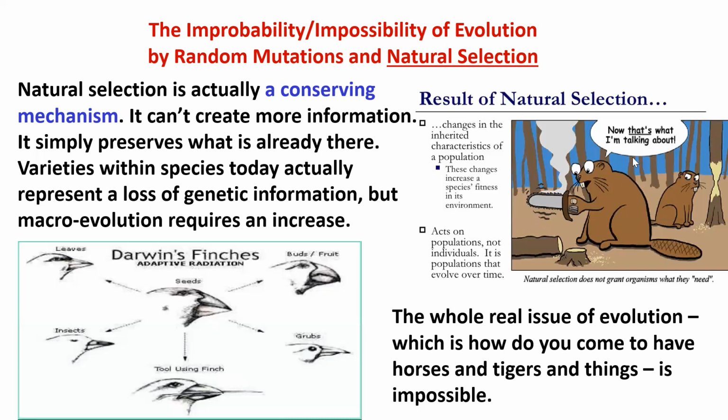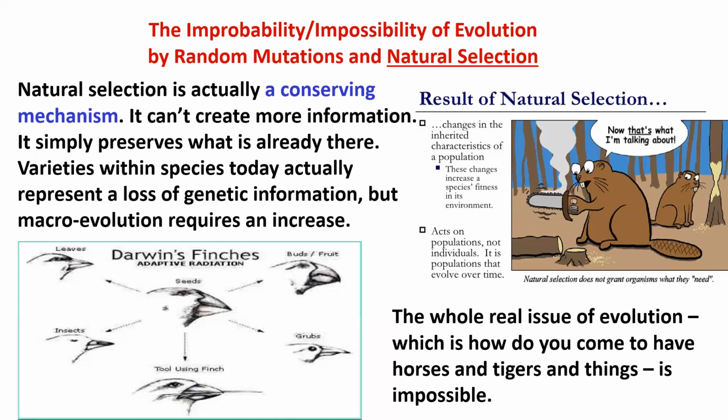Look at the picture on the right. There are changes in the inherited characteristics of a population. And these changes increase a species' fitness in its environment. Okay, so the changes actually help the species to survive better in the environment.